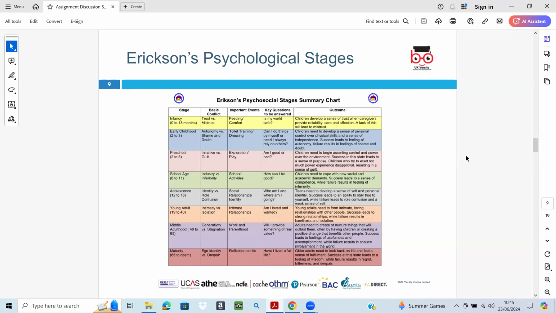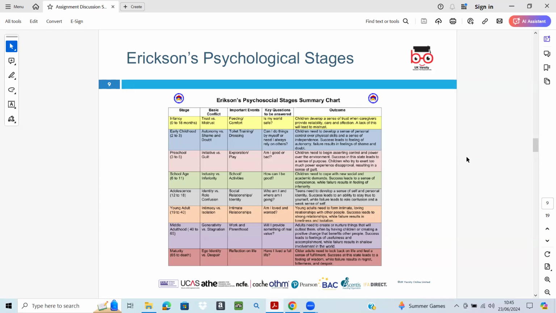Then we have initiative versus guilt. It is from year 3 to 5. In that stage, children begin to assert control and power over their environment through play, and encouragement of exploration fosters a sense of initiative, while overly strict measures can result in guilt.